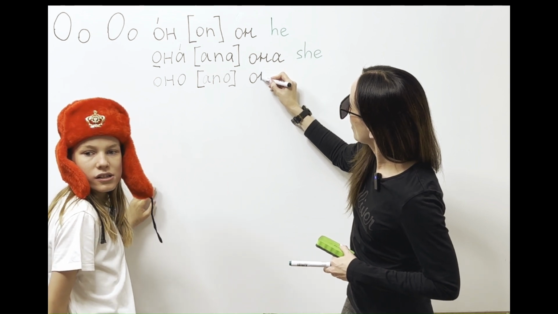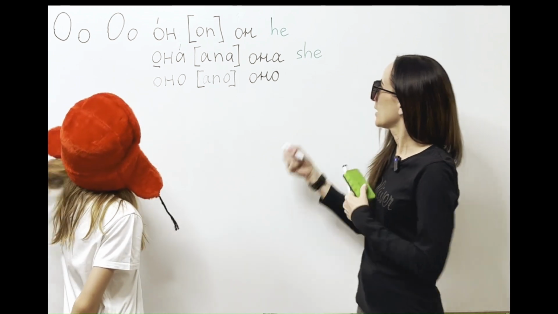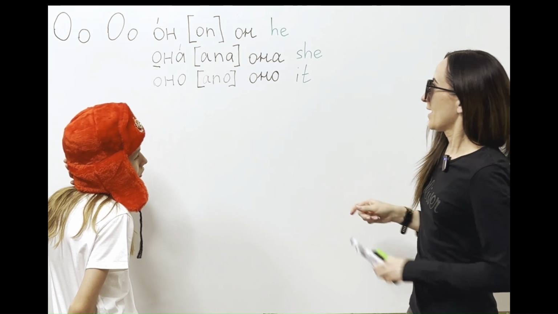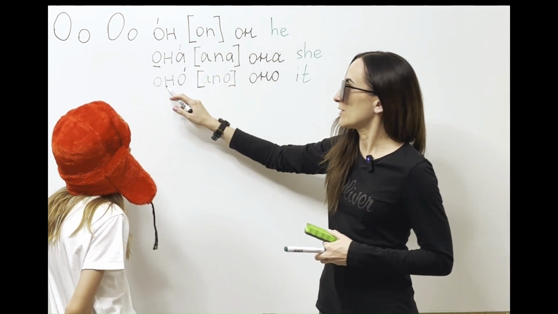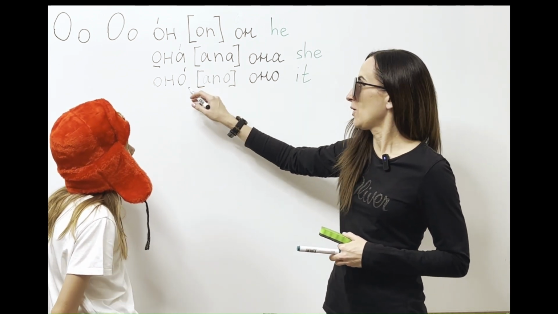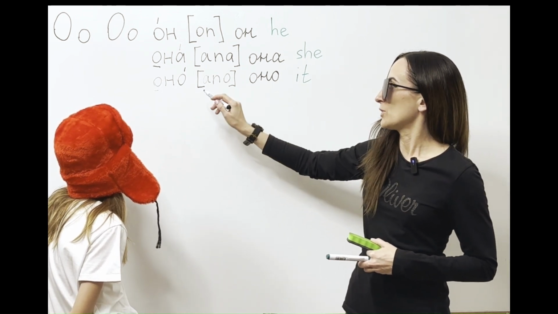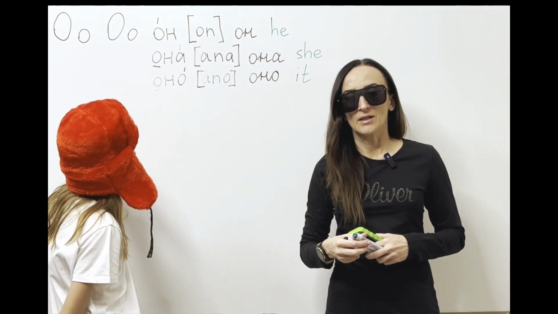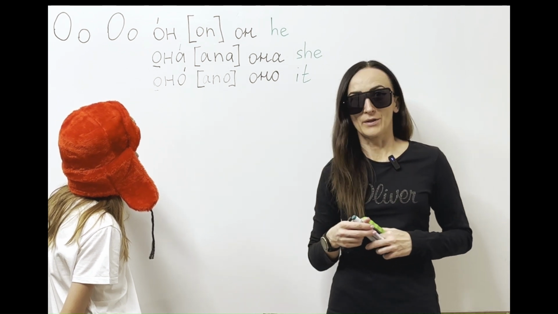So, ano. It's tired. We will write it. Here, again, ano. You see, the stress goes on the last syllable, on the last vowel. That's why we don't say "ono". We say "ano". But there are regions in our huge country where people say O when they see O.